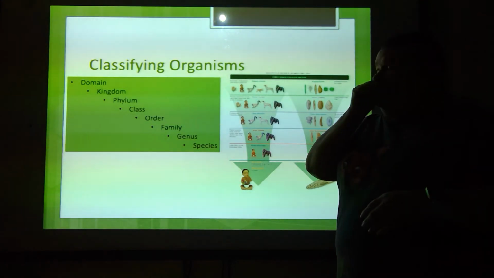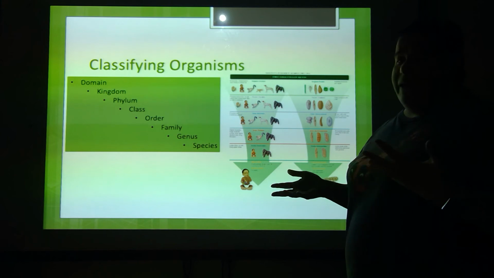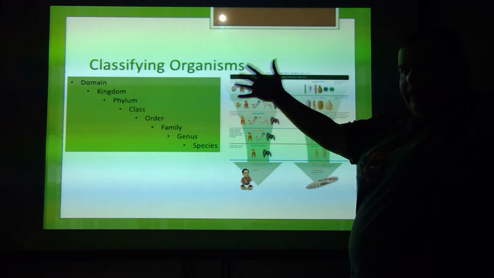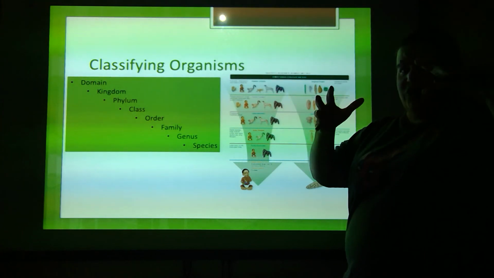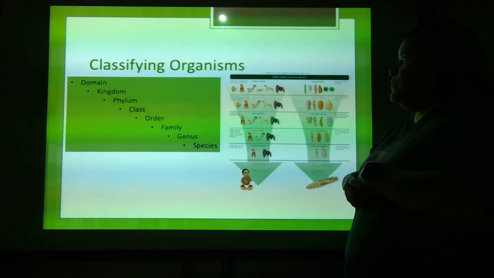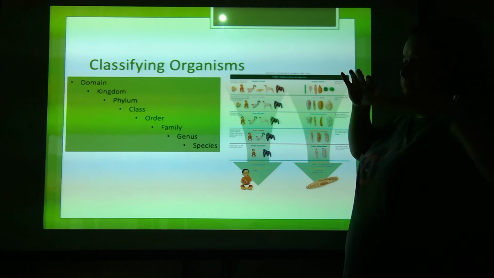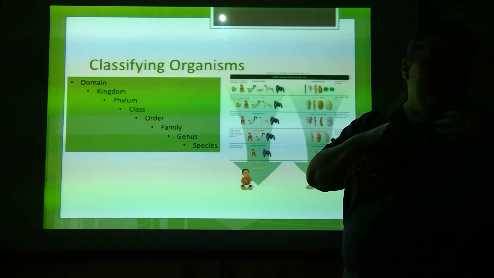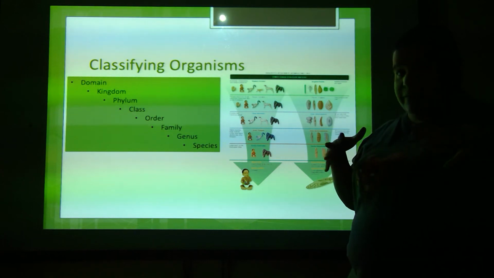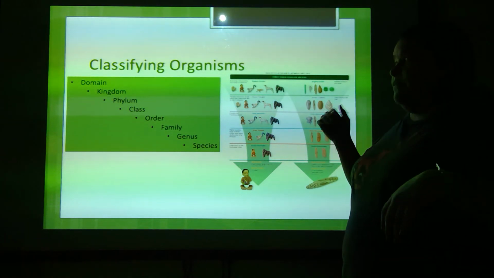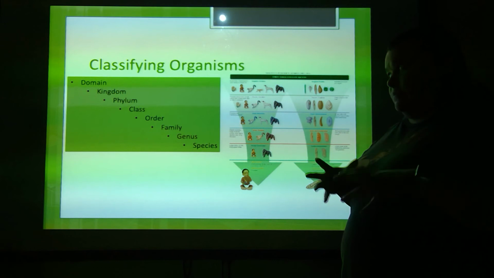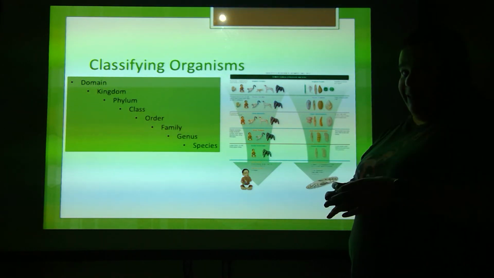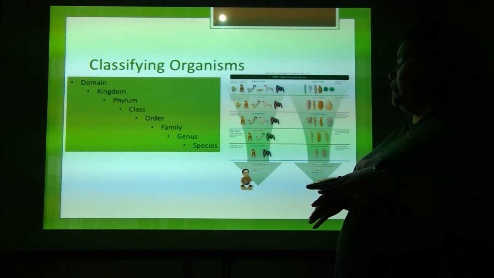Okay, so when we classify organisms, you kind of have the huge umbrella that covers everybody, and then you start getting more and more specific. So, for example, the biggest umbrellas are the domains, okay? Then you have the kingdoms, smaller umbrella, the phylum, smaller umbrella, the class, smaller umbrella, order, family, genus, species, until that's the smallest umbrella you got.